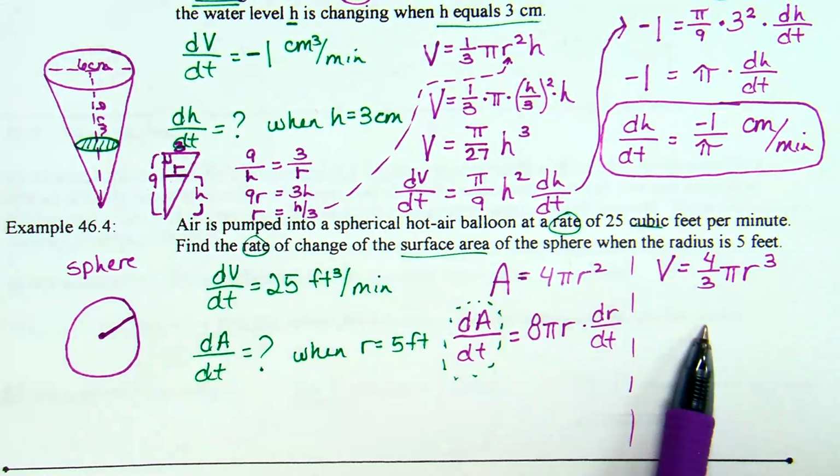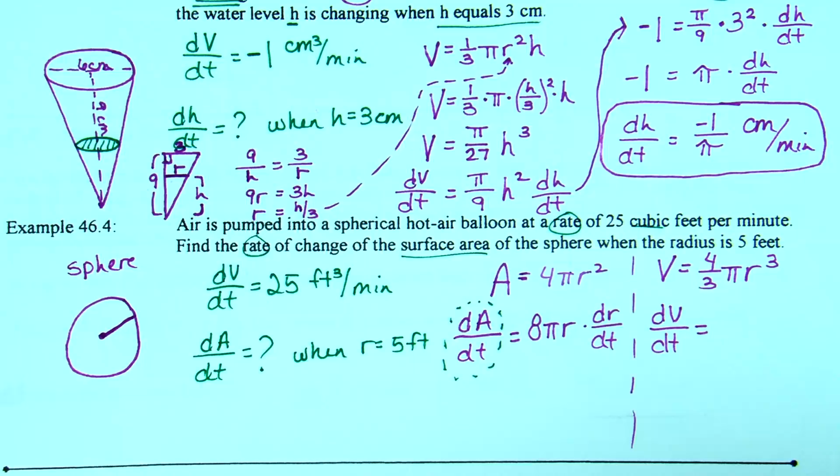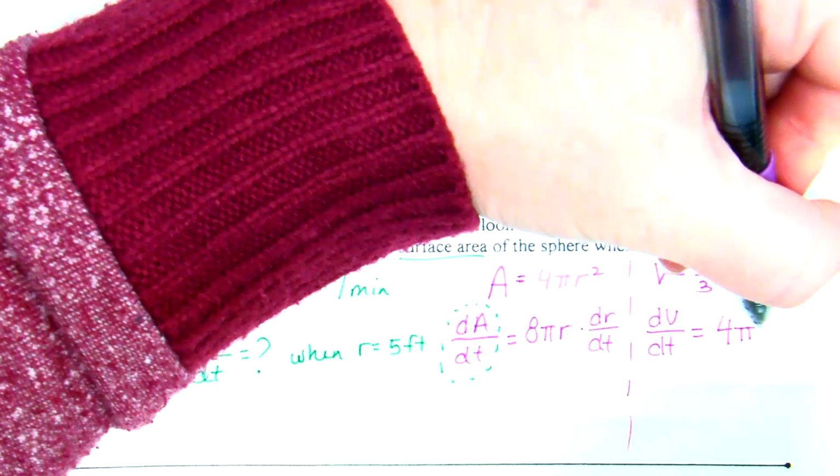So let's go over and differentiate volume. The derivative of V: dV/dt equals the derivative of 4/3 pi r cubed. 3 times the 4/3 means the 3 cancels, and I have 4 pi r, take 1 from the exponent, squared, times the derivative of r, which is dr/dt.